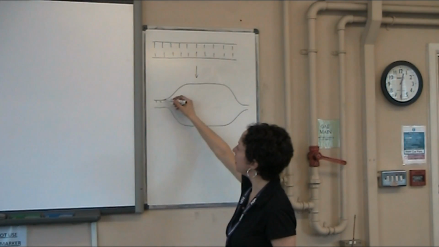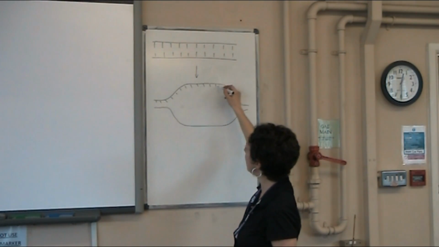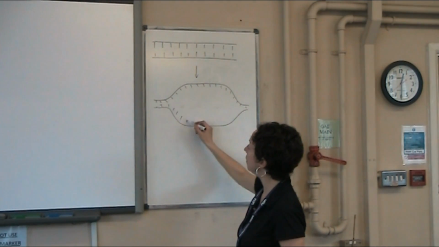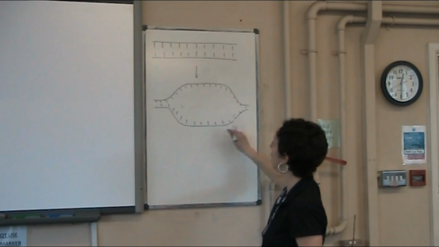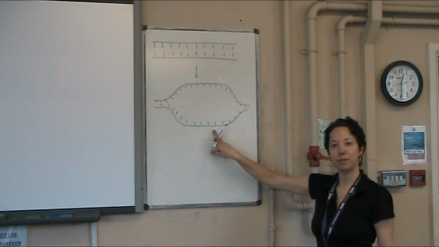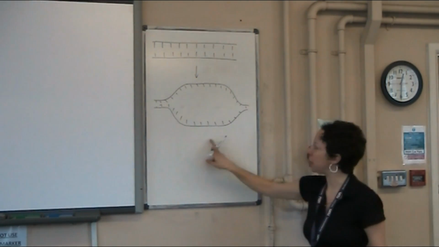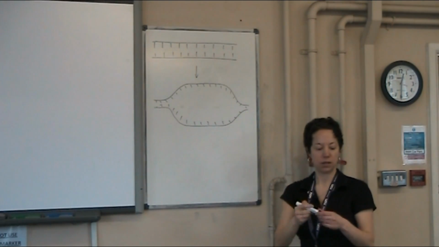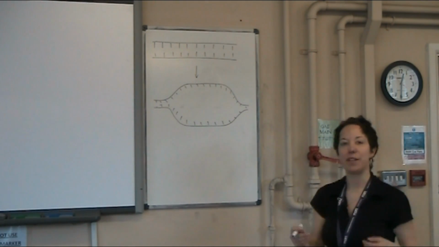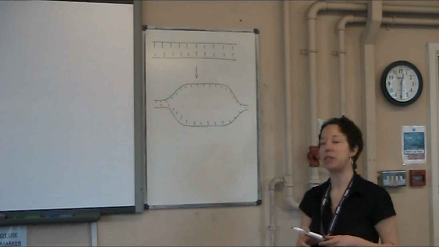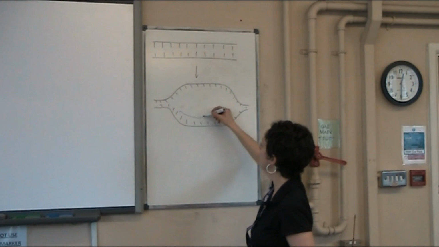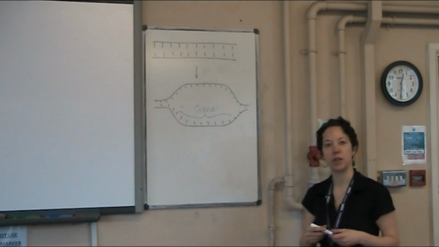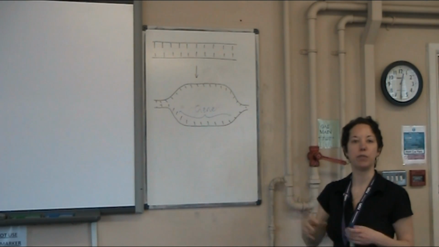If I draw it like this, see all the bases now in this region are exposed. This region of exposed bases is going to code for one protein. The region of bases that codes for a protein is called a gene. So that one gene will code for one protein.